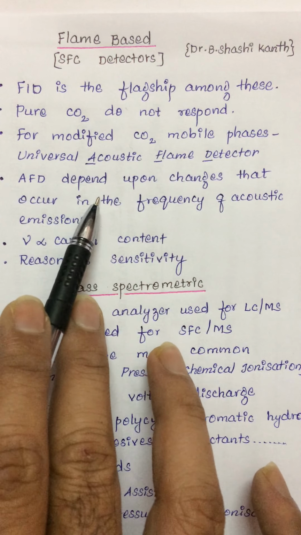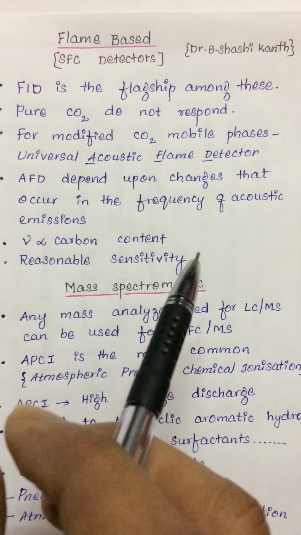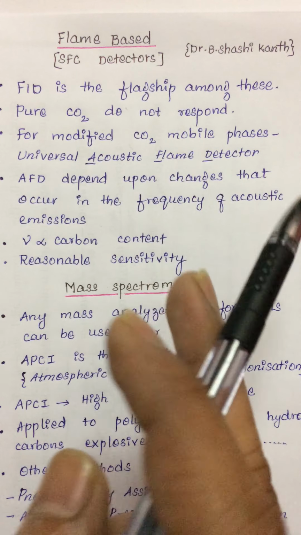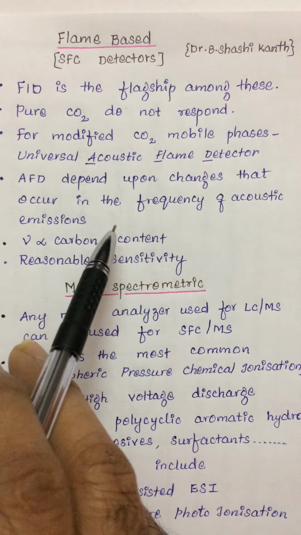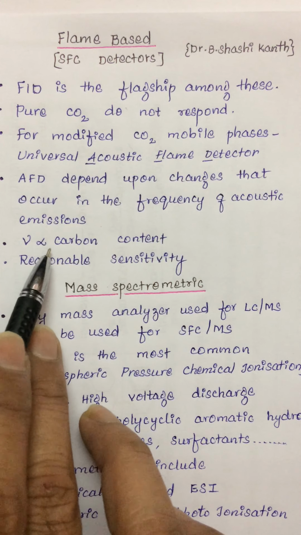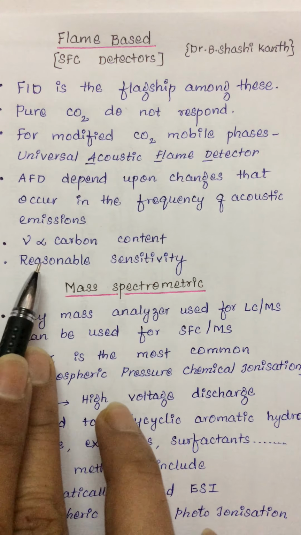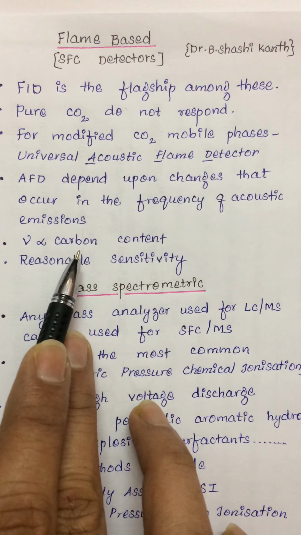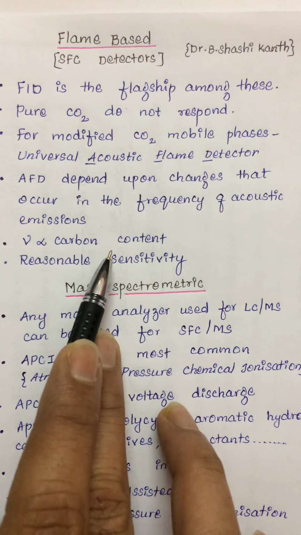This AFD is based upon changes that occur in the frequency of the acoustic emissions from an oscillating premixed hydrogen and oxygen flame. The frequency in this equipment is found to be directly proportional to the carbon content of the organic analytes.